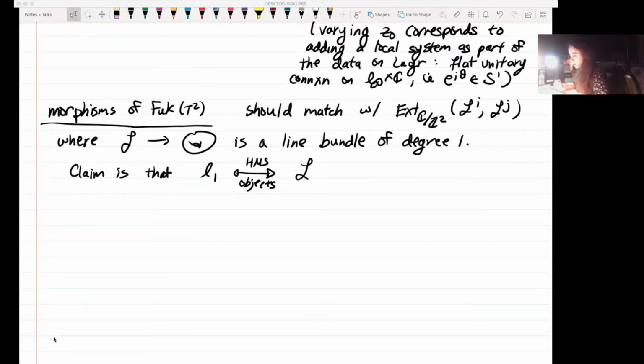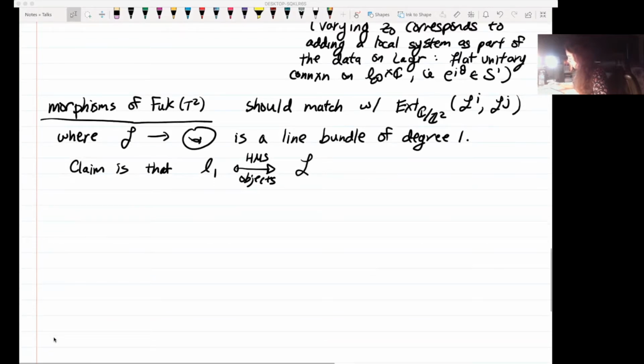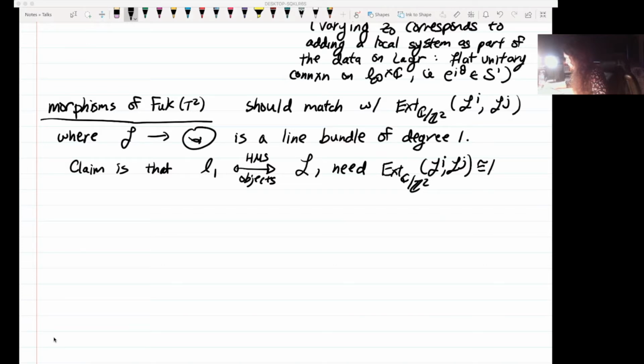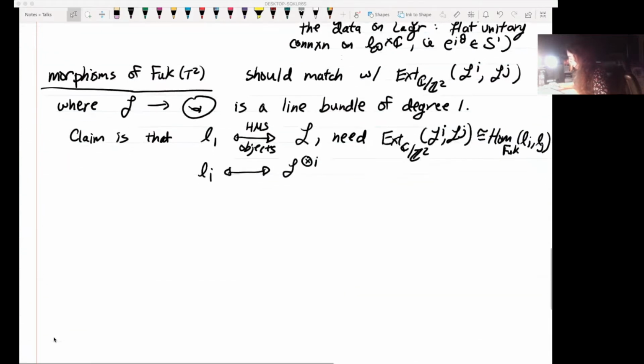And in order for that correspondence, we need the Ext group to be isomorphic to the Hom in the Fukaya category between Li and Lj. So Li is going to match with L tensor i on the complex side.